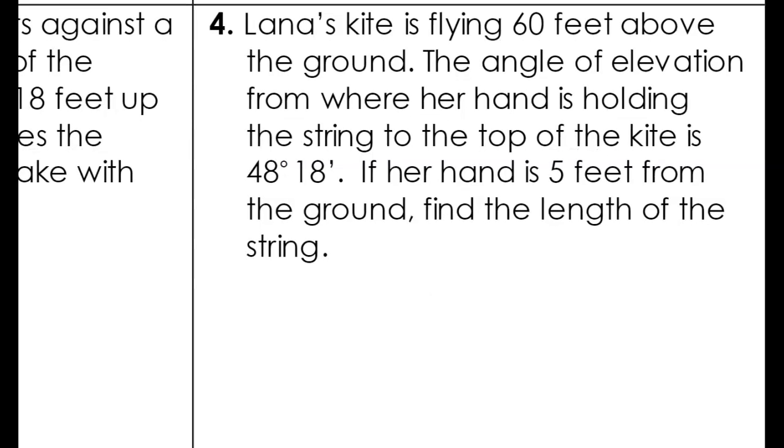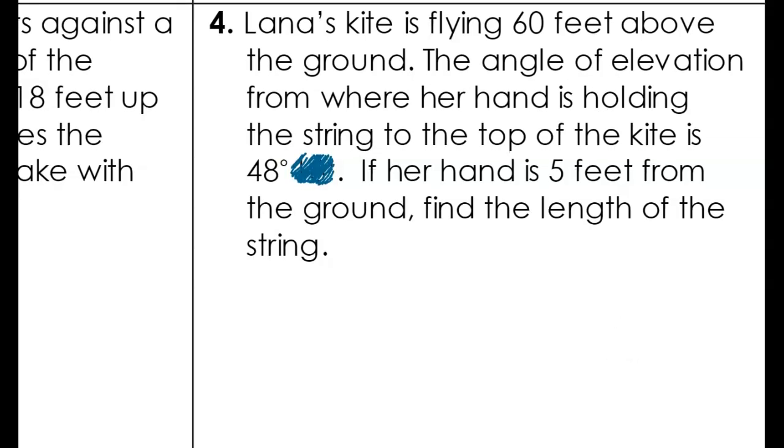It says Lana's kite is flying 60 feet above the ground. The angle of elevation from where her hand is holding the string to the top of the kite is 48 degrees. I think this is a misprint. If her hand is 5 feet from the ground, find the length of the string.